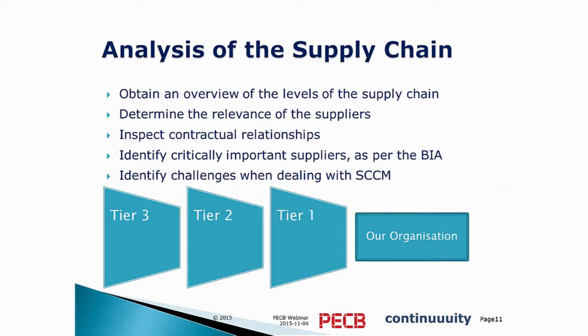Again, this is a point to be addressed in the BIA, and it just says that we have to identify these challenges when dealing with supply chain continuity management. So we also have to weigh different options and weigh different suppliers.